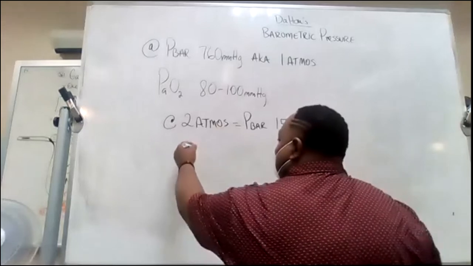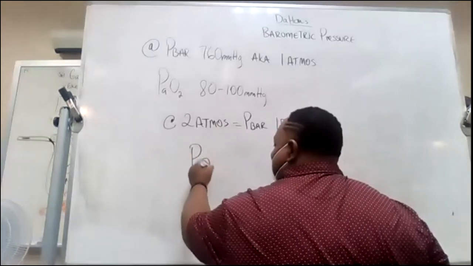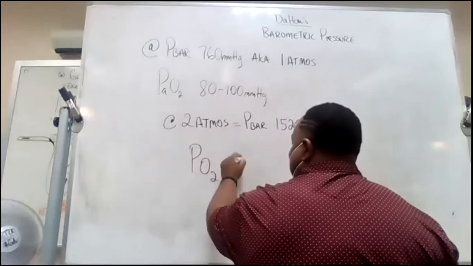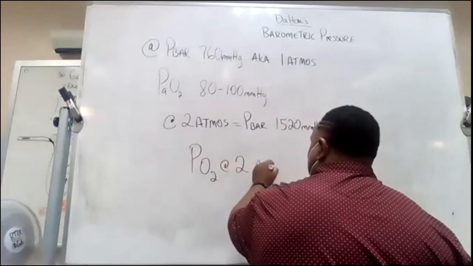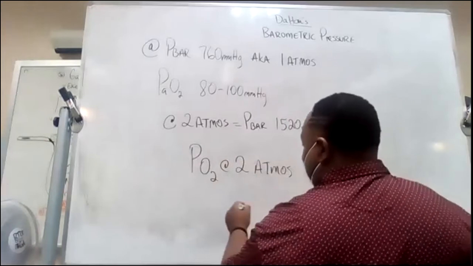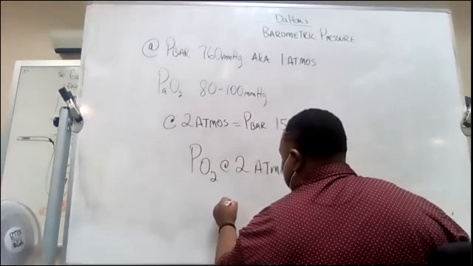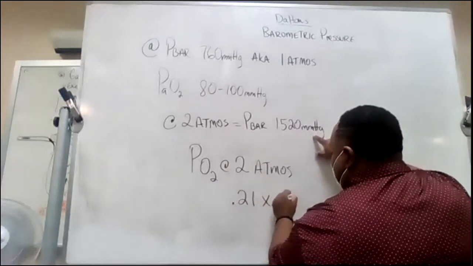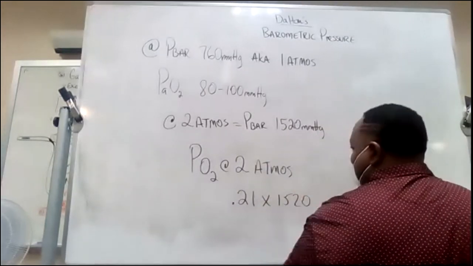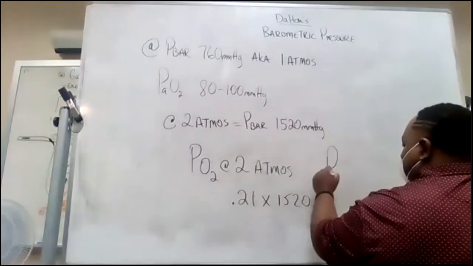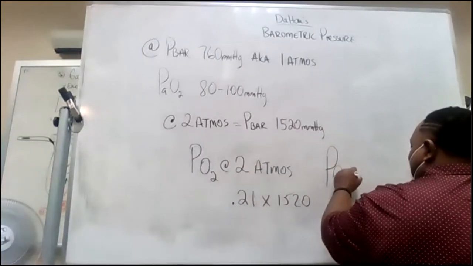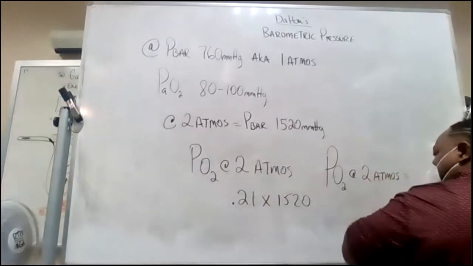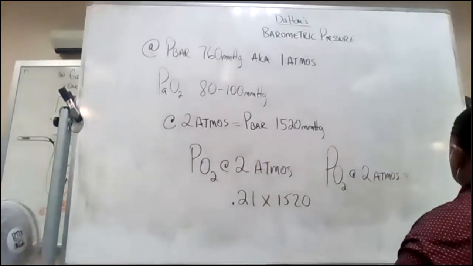Now let's see how much the pressure of oxygen will be at 2 atmospheres. That will be 0.21 times 1520. What will that be? The pressure of O2 at 2 atmospheres will be how much? 319.2.